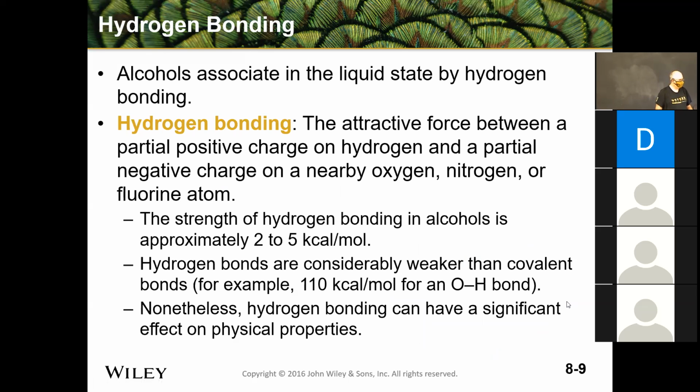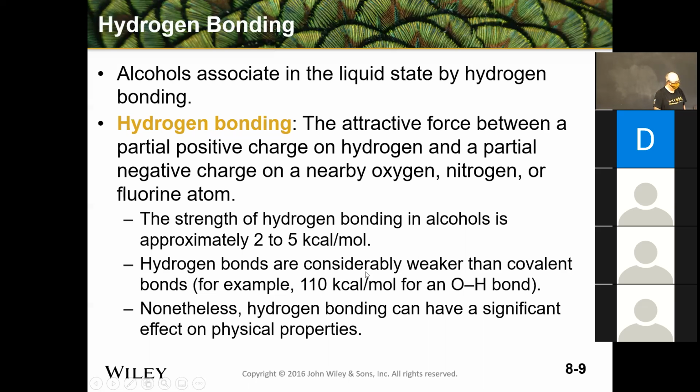Right, alcohols associate in the liquid state by hydrogen bonding. Okay, this is an especially strong attractive force between a partial positive on hydrogen and a partial negative charge on a nearby oxygen, or it could be a nitrogen or fluorine. And for alcohols, the strength of hydrogen bonding is about 2 to 5 kcal per mole.